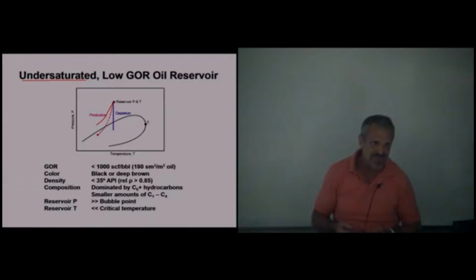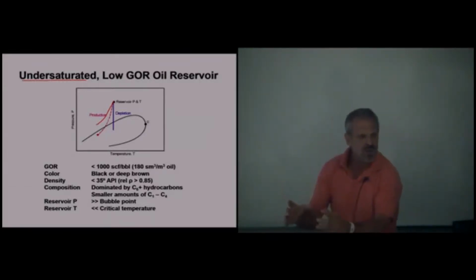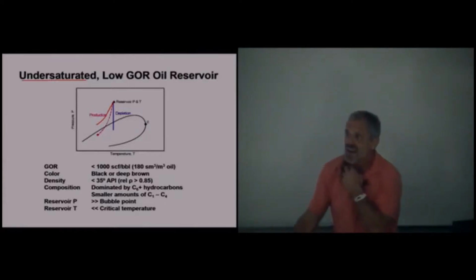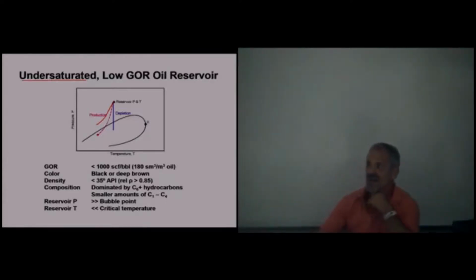You'll always produce minimal gas. Think of 30-weight motor oil. That's pretty stable stuff. But if you leave it out in an open room for a long enough time, it evaporates. It's going to have to go to ambient conditions sometime.